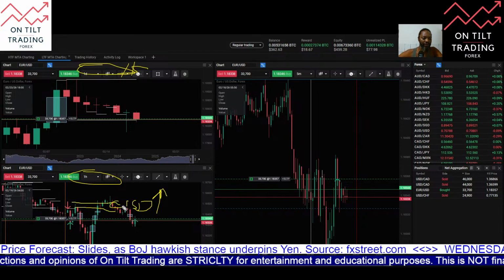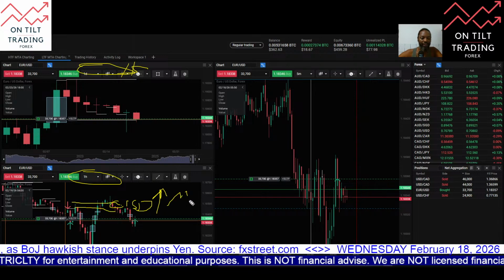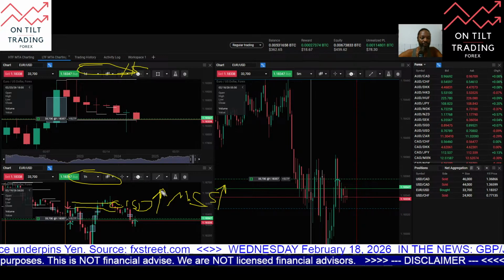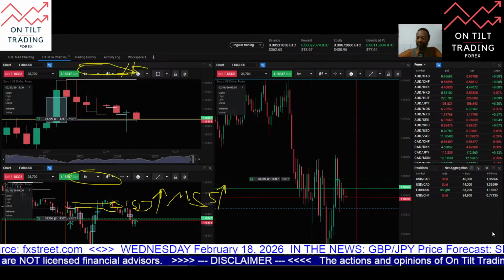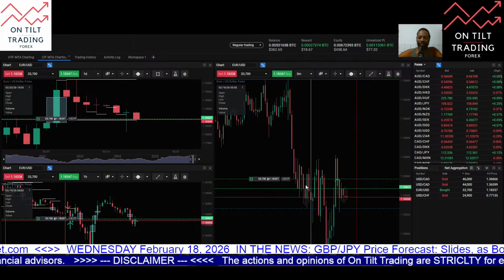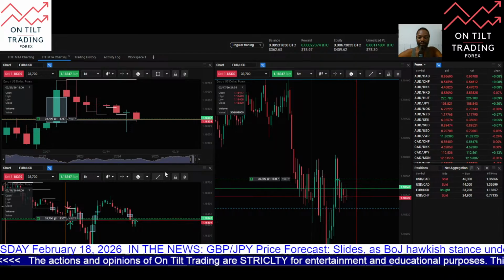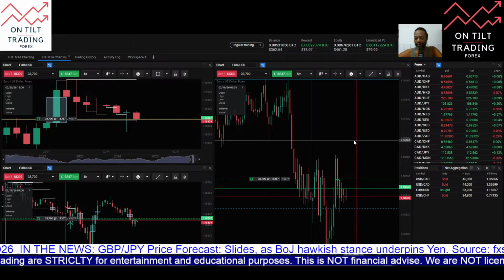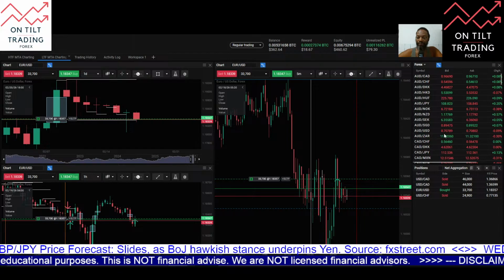Also with this, getting a market structure shift to the buy side on the 1 hour chart. So price showing signs of reversing from the sell side delivery to the buy side delivery, and we'll see if price has any continuation to the buy side, as there is now just a little more than 20 minutes remaining in the current kill zone.